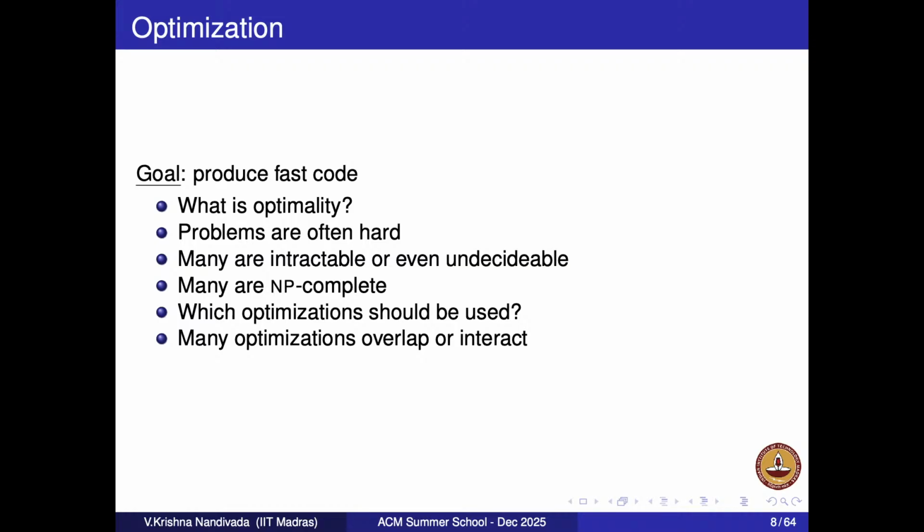The best ever possible, irrespective of the inputs and everything. We are not aiming for optimum. That's too difficult. Many of the problems we are talking about are difficult. Some are undecidable, to get optimum code.